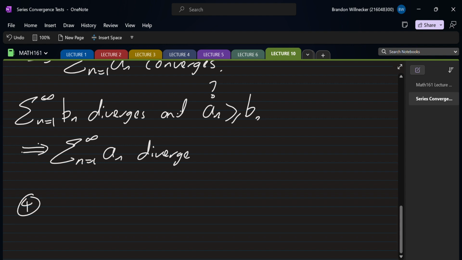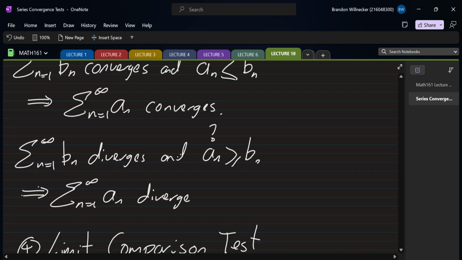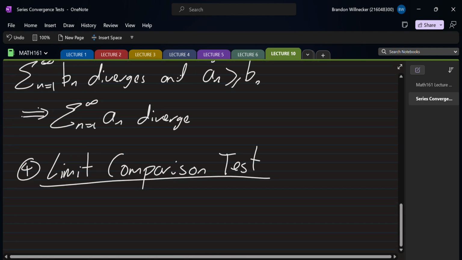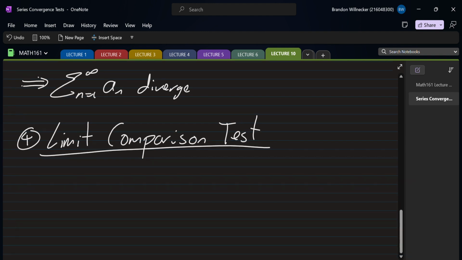Number 4 is the limit comparison test. Okay, so we've got the comparison test, and then we've got the limit comparison test. They're two different things. So for the limit comparison test, what we want to do is calculate the limit as n goes to infinity of an over bn.